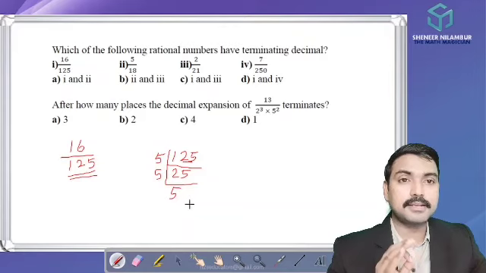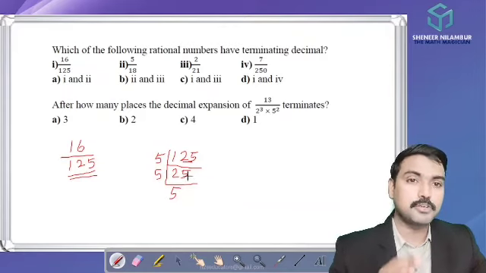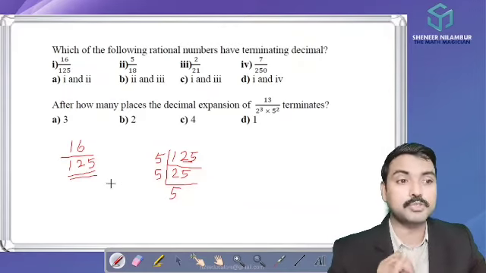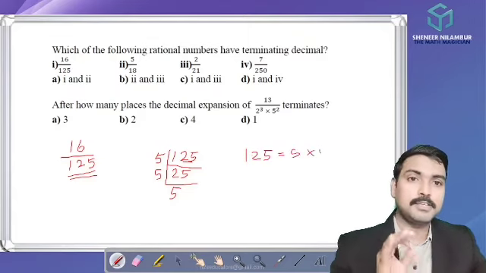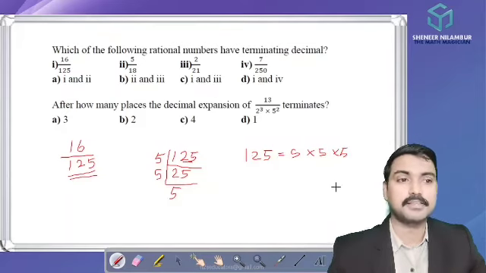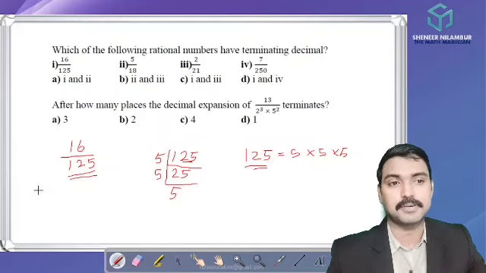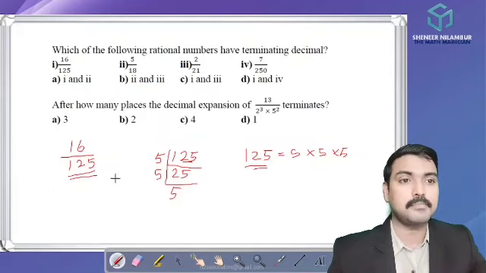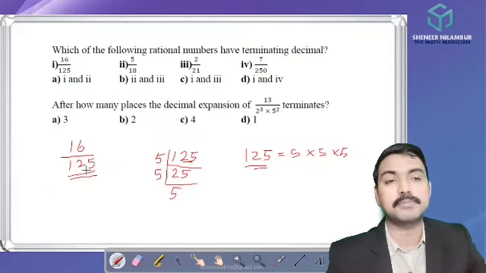So for a rational number, if its denominator has the factor 2 or 5, which means either 5 or 2 or both, and these two numbers alone are the factors of the denominator, then it will be a terminating decimal expansion. So the first example is an example of terminating decimal expansion.